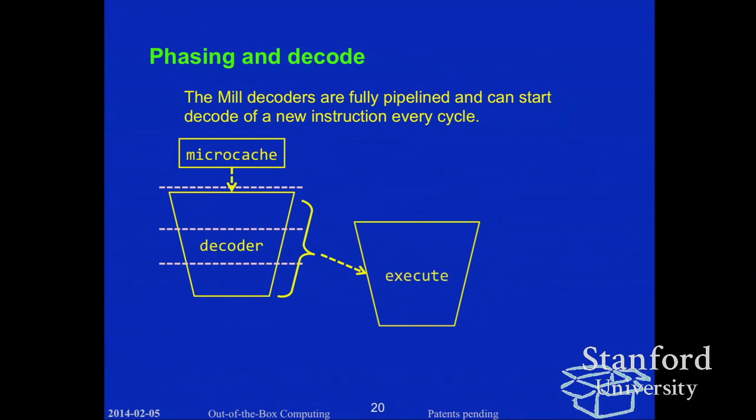Meanwhile, different parts of the instruction are available from the decoder in different cycles. Some parts are available in the very first cycle. Some parts take 2 cycles. Some parts take 3 cycles to get everything figured out. So as each piece comes out of the 3 different cycles in decode, they get fed to the execute engine.